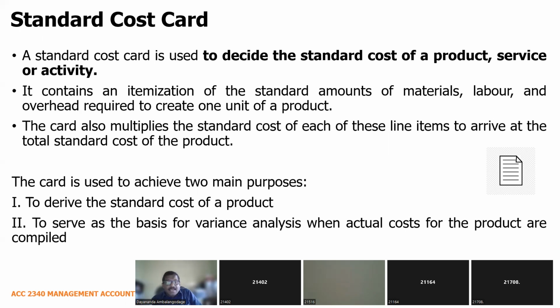But remember that there is a difference between the standard cost card and the budget I described. It is similar, but the budget is for the whole batch, whole event or the total participants, whereas a standard cost sheet is prepared for one particular unit of production.